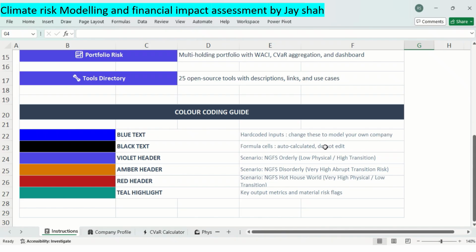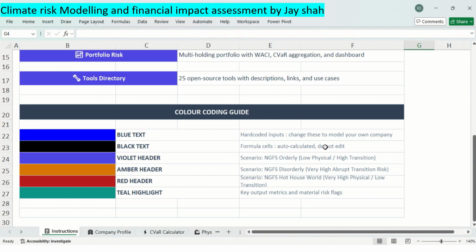Then violet or indigo is the header row where the NGFS orderly scenario column or the section headers are defined. Amber is the header row for the NGFS disorderly scenario column. Red headers are for the NGFS hot house world scenario column. And then the green teal text is key output metrics, financial results, and the material risk flags.